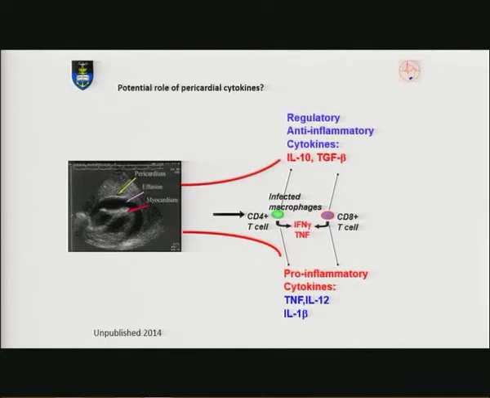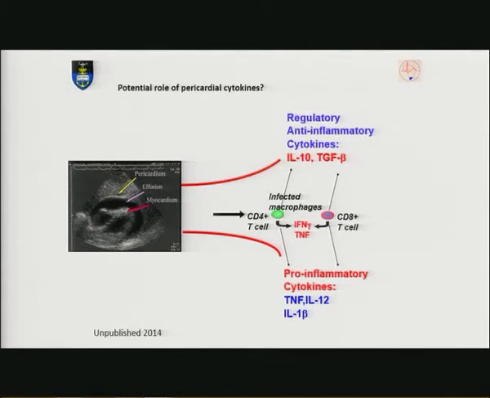One of the things we looked at in this particular study was whether or not an imbalance between regulatory anti-inflammatory cytokines such as IL-10 and TGF-beta were perhaps different. We compared the ratio of these regulatory anti-inflammatory cytokines to those of pro-inflammatory cytokines.